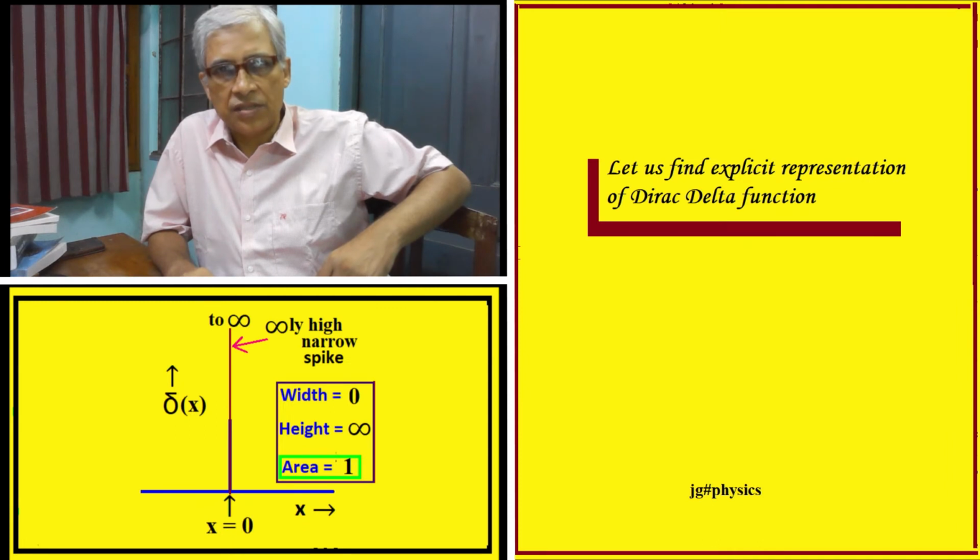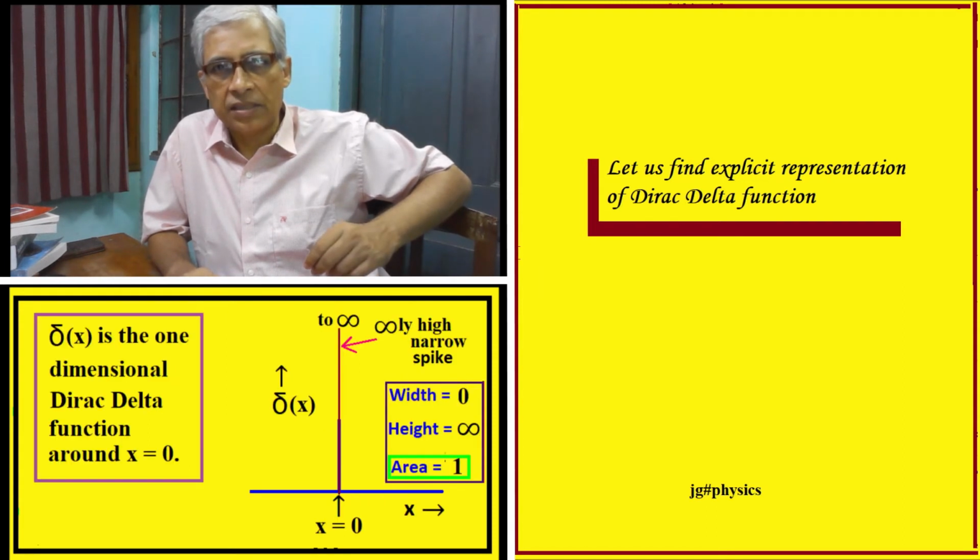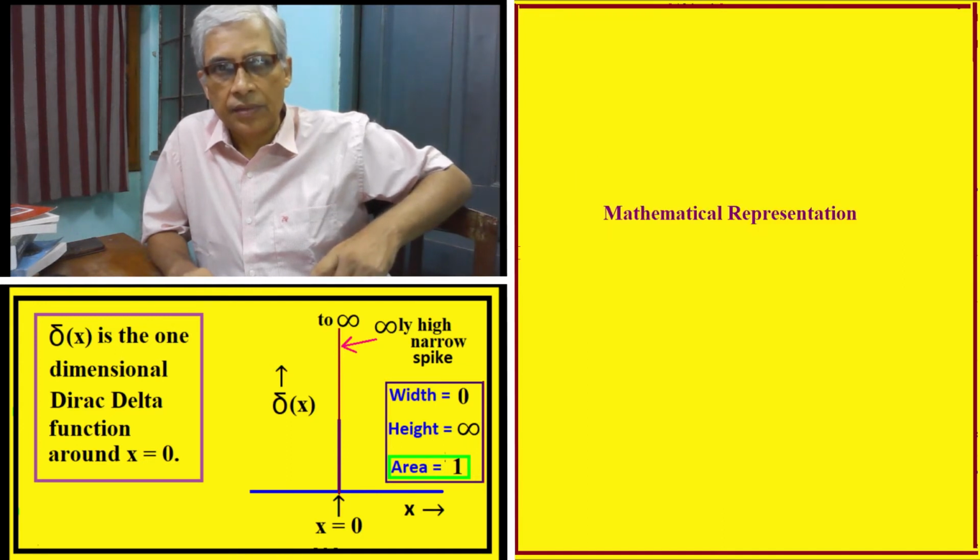You can see the Dirac Delta function represented in the plot drawn on the left slide. We have to remember that it is the one-dimensional Dirac Delta function about x equal to 0, the origin. Having got the Dirac Delta function, let us now represent it mathematically.